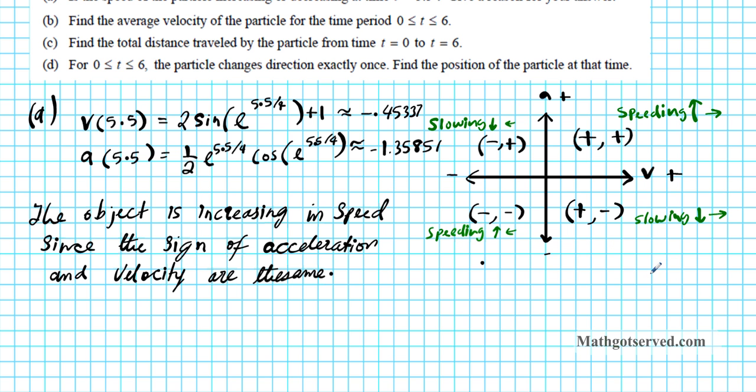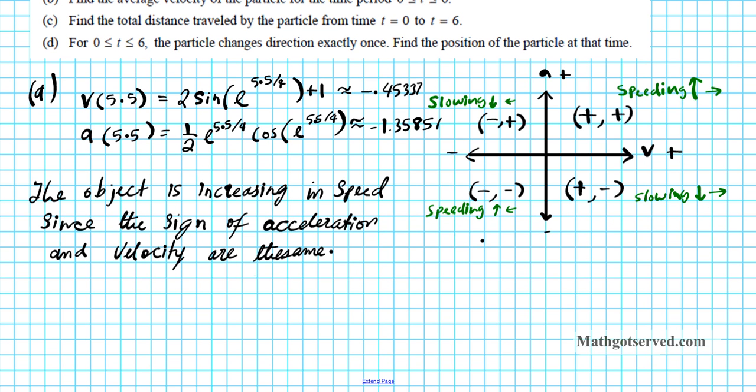Let's write down the formula for the average value of a function. We don't want to confuse that with average rate of change. The average value of a function, f average, on a domain is given by 1 over b minus a times the integral from a to b of f of x dx.